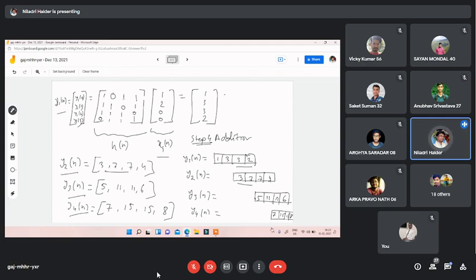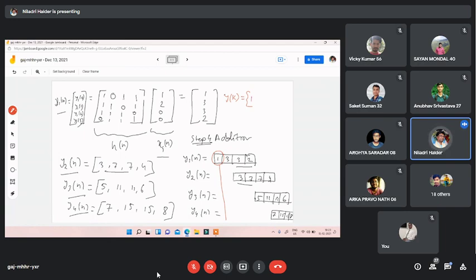So now the addition will be there, and the addition value will be your yk. This 1 is alone, it does not have any overlapping box, so you have to put 1.